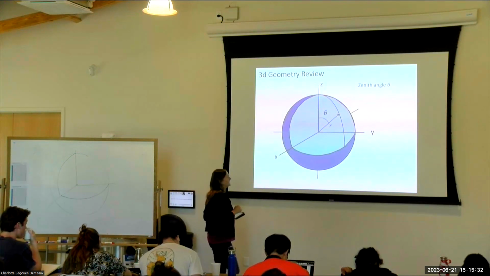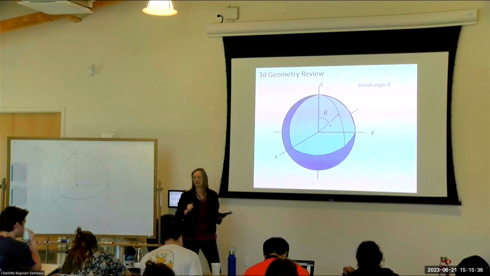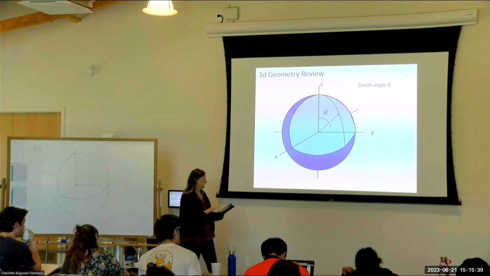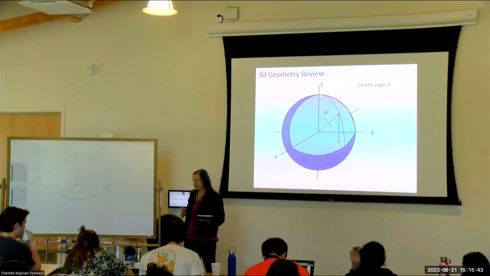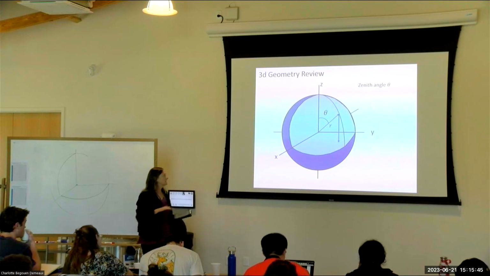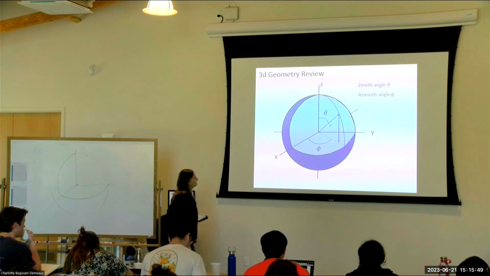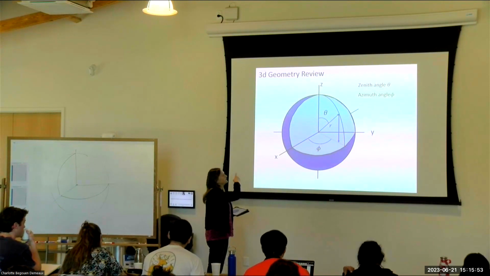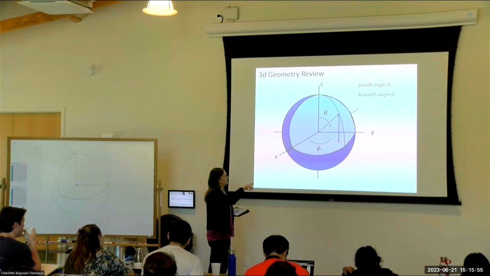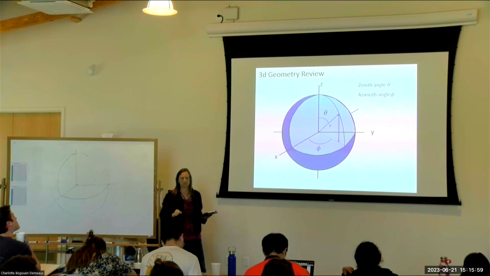And it still has a zenith angle theta, still has a length of r, but we can drop a projection of that vector into the xy plane. And when we do that, we can identify the azimuth angle relative to the x-axis.